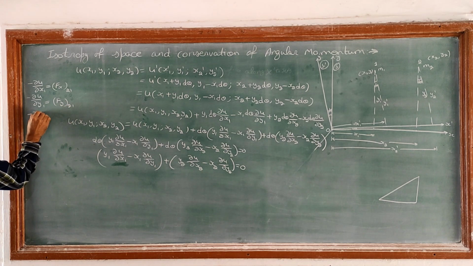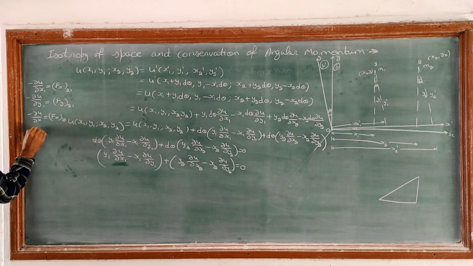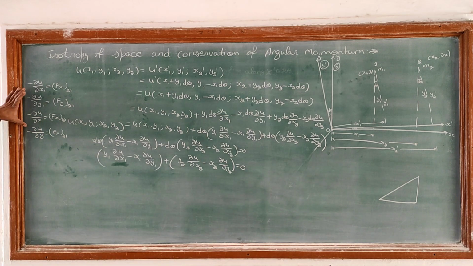Similarly, minus ∂U/∂x2 is fx12 and minus ∂U/∂y2 is fx21. So I will rearrange the expression with the help of this f by component.